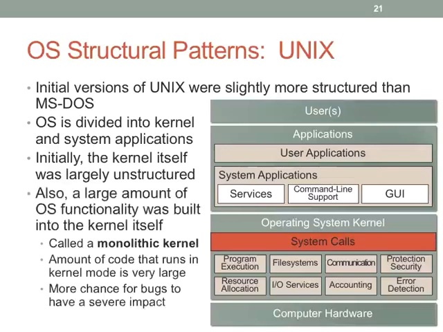But then over time, they developed more structure, at least from a software engineering standpoint, but it was still all in the kernel. It was all still in kernel mode. And so this approach is called a monolithic kernel, because the kernel contains a lot of things. And if you have all of this code running in kernel mode, it's really easy to have one bad bit of code compromise the entire operating system.